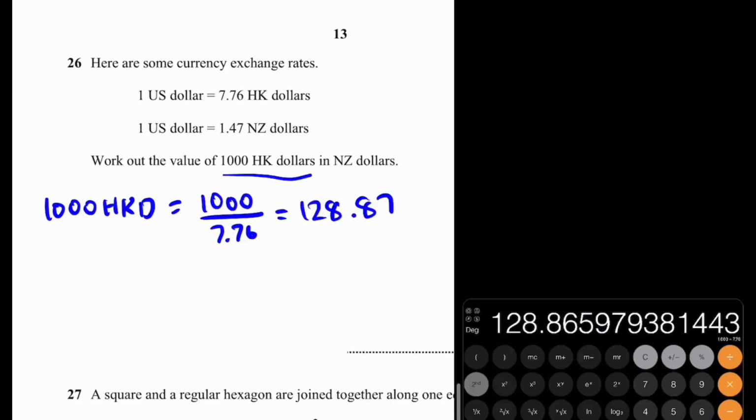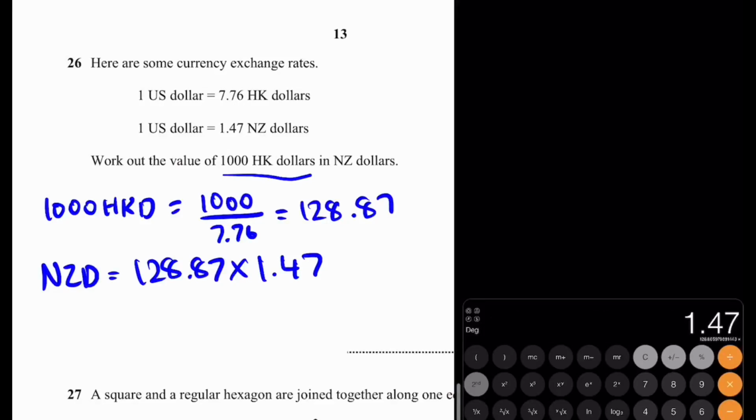So if you want this in New Zealand dollars, we need to multiply by 1.47. So NZD equals 128.87 multiplied by 1.47. So we multiply the value of 128.865 into 1.47.